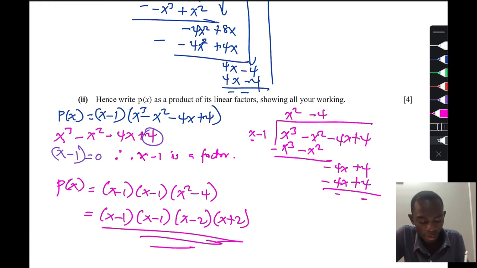And then you are done with your question. So you have expressed this as a product of linear factors by showing all the workings, because they really stress that. It's really important to show working for these things, if not, you might not score all the marks.